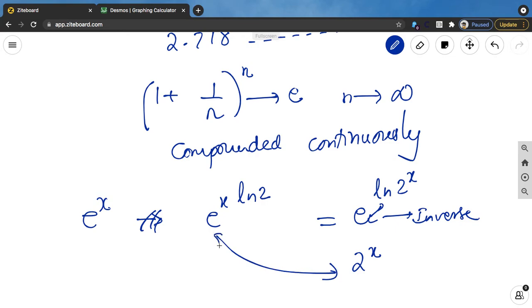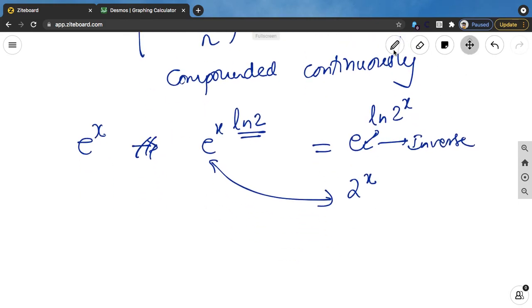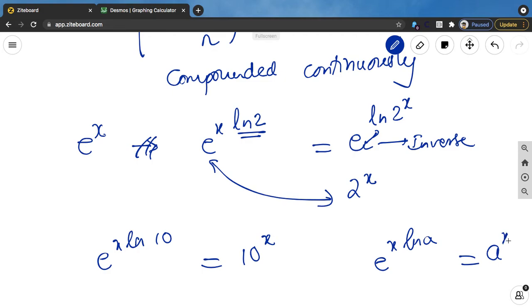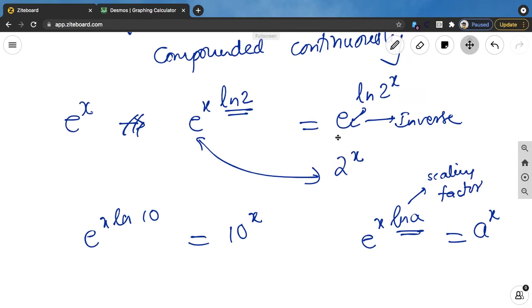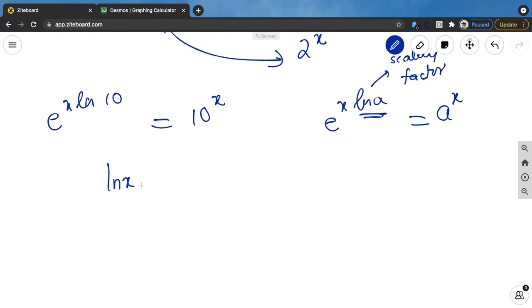That means e raised to x can be expressed as any other base by multiplying it suitably with a scaling factor, like e raised to x ln 10 is nothing but 10 raised to x. E raised to x ln a is a raised to x, and so on. So that's another importance of e, that it can be used in place of any other base by multiplying it suitably with a scaling factor. That's why. So let us start with the graph of ln x.